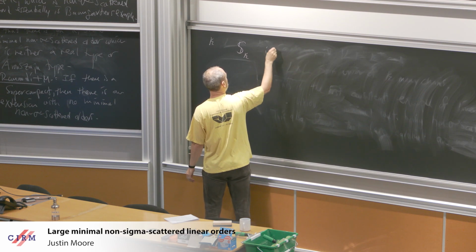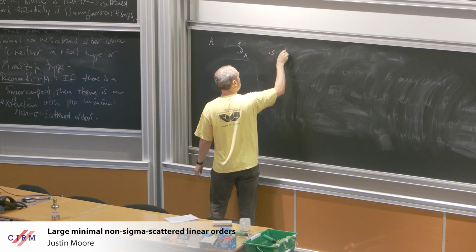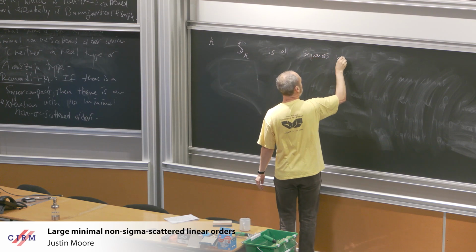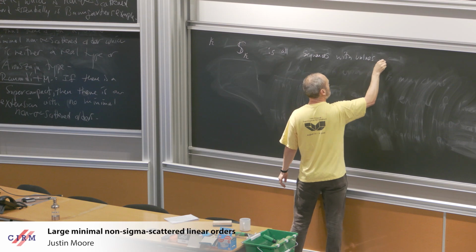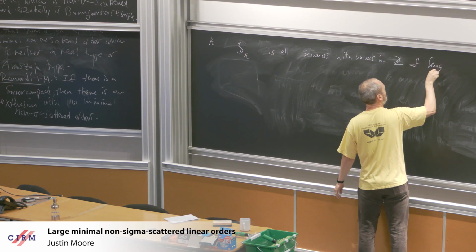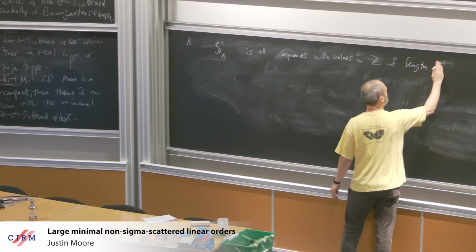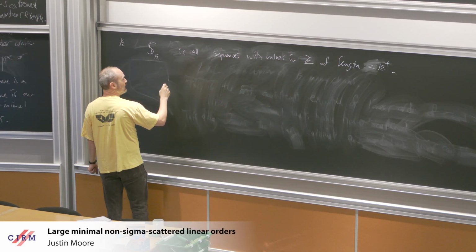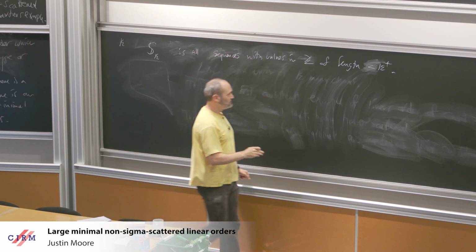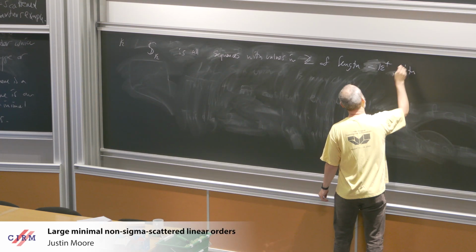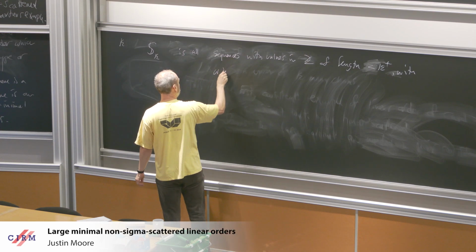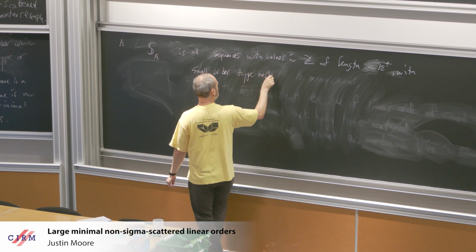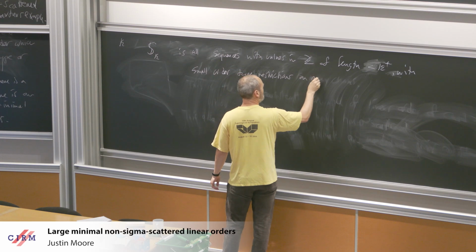This is all sequences with values in Z of length less than kappa plus, with, I will be vague here, small order type restrictions on preimages.